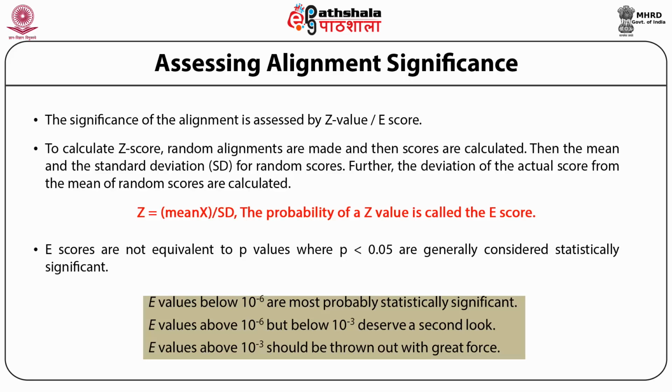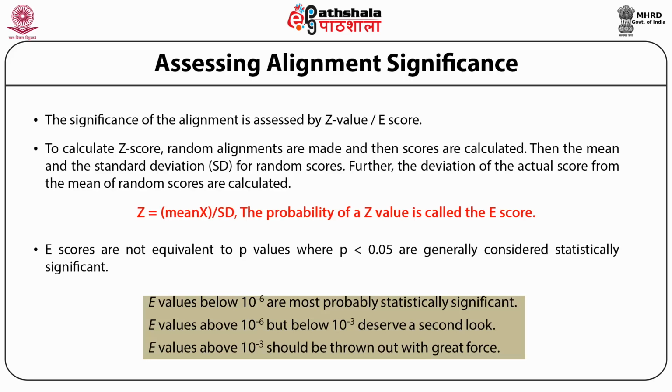This E score is not equivalent to P values used in statistical analysis, where a P value of less than 0.05 is generally considered statistically significant. The E score is not equivalent to the P values reported in all statistical analysis. Here the E values become significant when the value is below 10 to the power minus 6, which is considered probably statistically significant.